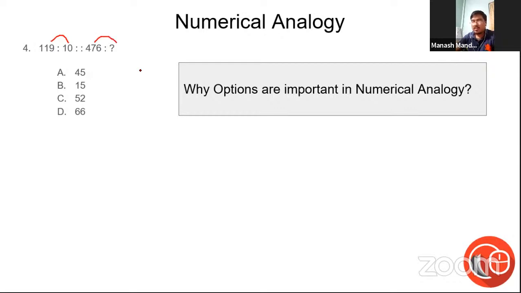Can anyone answer this question? Please try. I'm giving you 1 minute. If none of you could solve this question, then I'll explain it. Let's take 1 minute to solve this question.